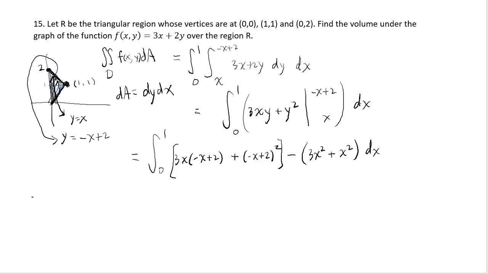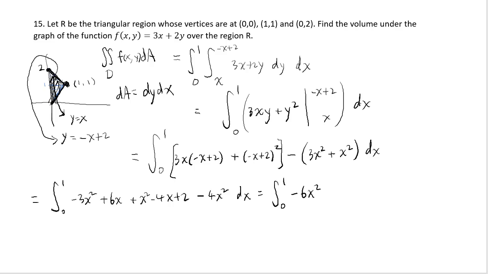Okay, alright, so let's continue. 0 to 1. This is negative 3x squared plus 6x. If you expand this, this is going to be x squared minus 4x plus 2. And then this is 4x squared, so you subtract 4x squared. And let's see, that's negative 3 plus 1 minus 4 is negative 6x squared. 6x minus 4x is 2x.